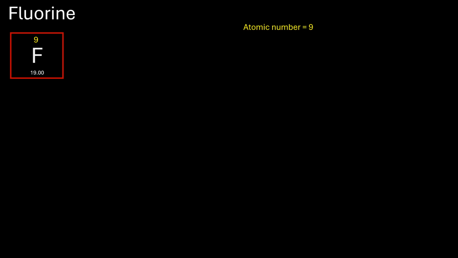Fluorine has an atomic number of 9, which is the same as the number of protons. So fluorine has 9 protons. It also has 9 electrons because it's not charged. This is the nucleus of the atom. We do not show the neutrons to make it easier to understand. This is the first energy level. If you remember from last time, the first energy level can have a maximum of 2 electrons.